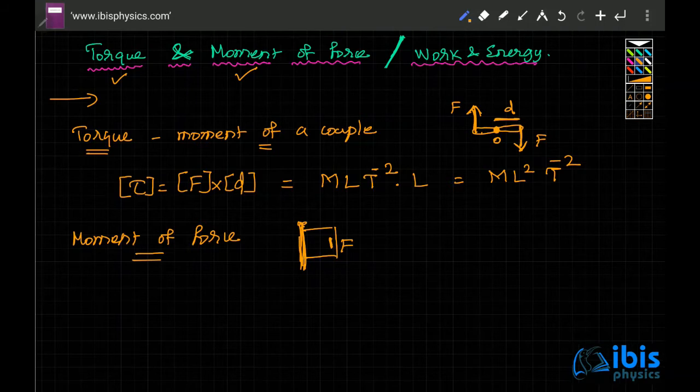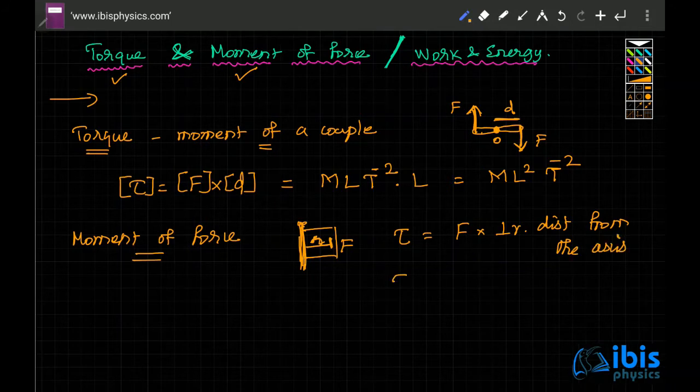There are no two or three forces, just one force applied, and the force and the distance from the axis, which we call R, give the moment of a force, which is equal to force into perpendicular distance from the axis.